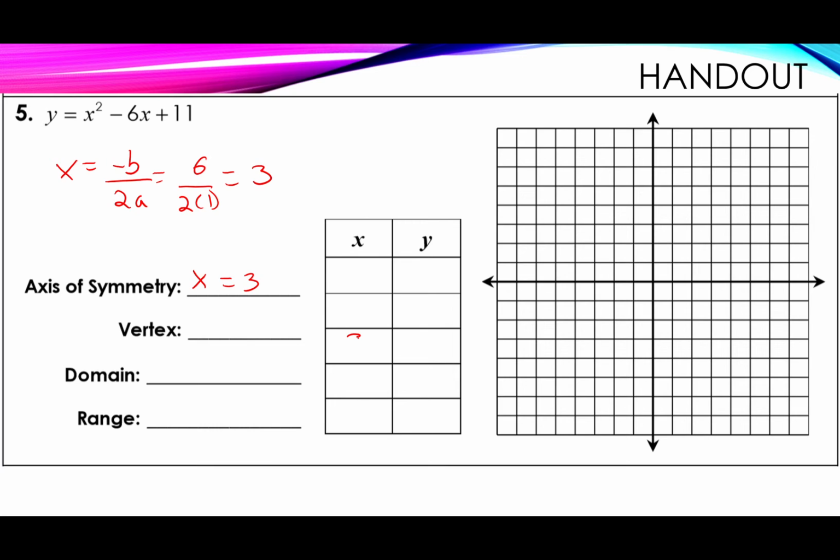I'm going to put that number in the middle of my table, x equals 3. And take my calculator, x squared minus 6x plus 11.